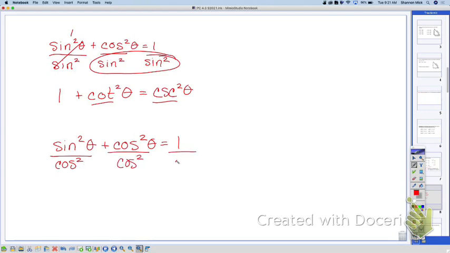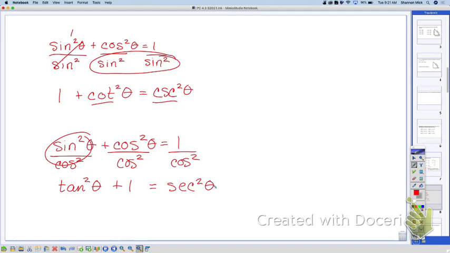That'd be tangent. So this becomes tangent squared of theta plus 1 equals secant squared. And again, can it be 1 plus tangent squared or tangent squared plus 1? Either one of those will work as long as you have both and they're both positive.